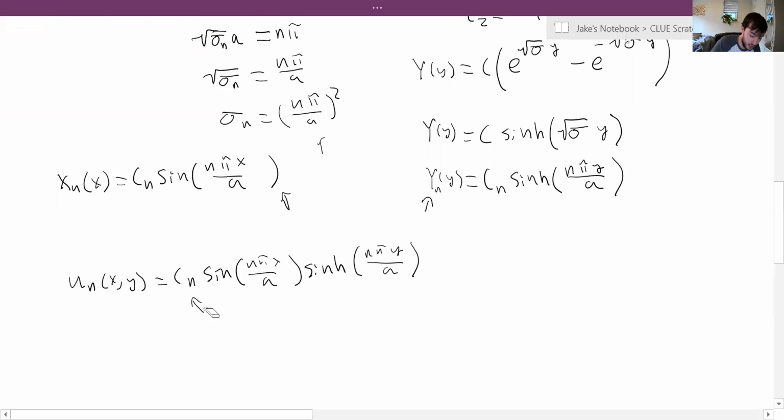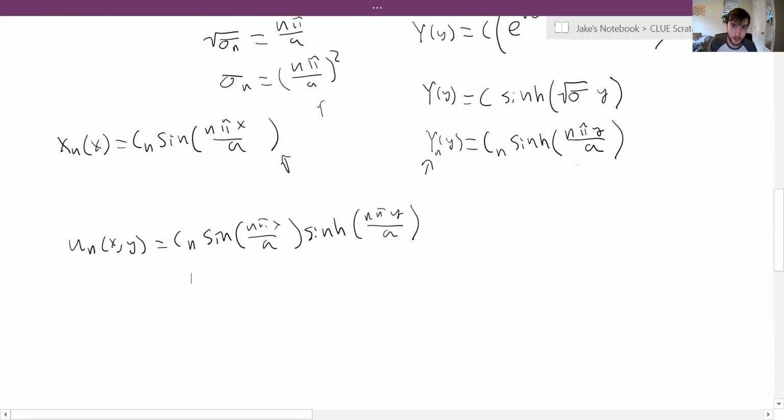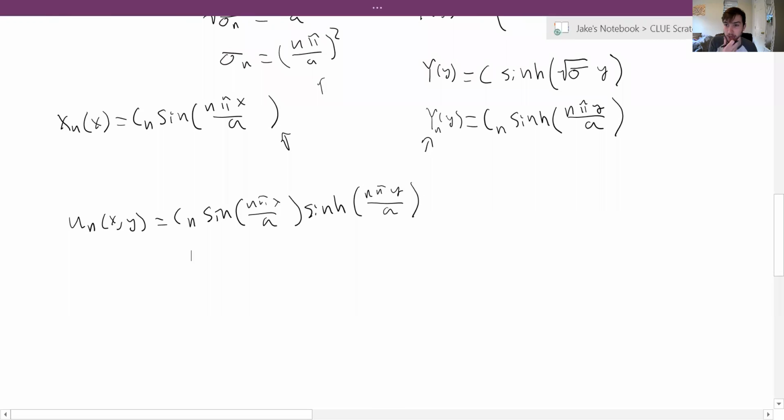The next thing, like I just said, is this is one solution for a given n, but we want a combination, a linear combination of all the solutions. So what that means is we want to sum over every possible n.